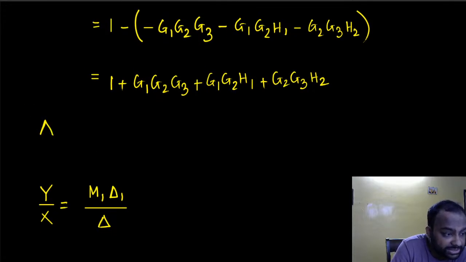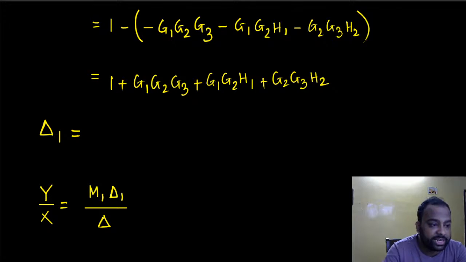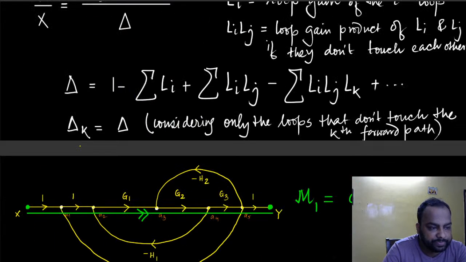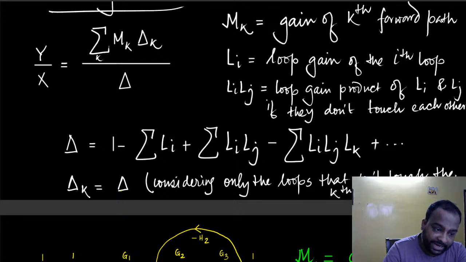But the question is, what is delta 1? If you go back to the definition here, it says it is the value of delta, but only considering loops that don't touch the kth forward path.